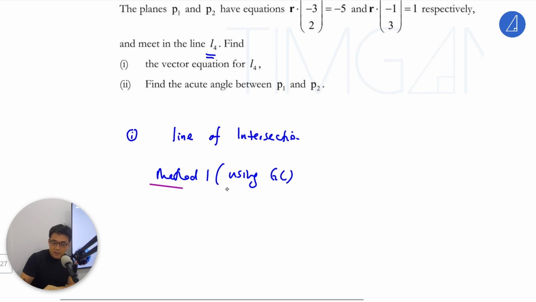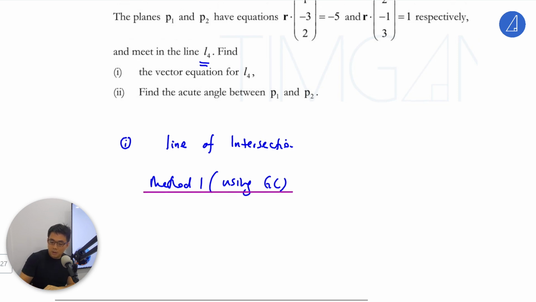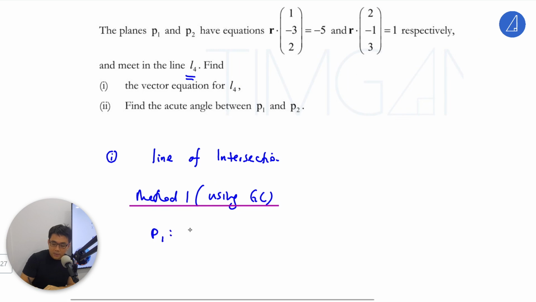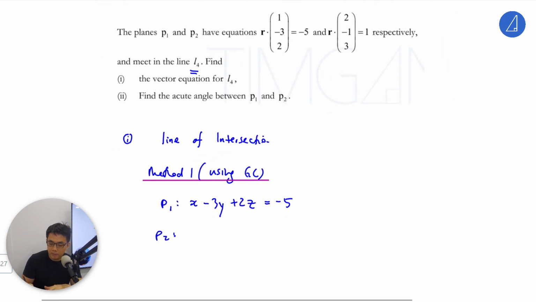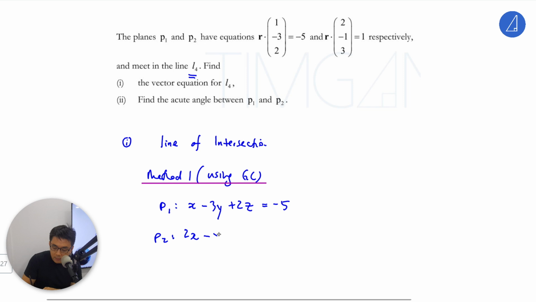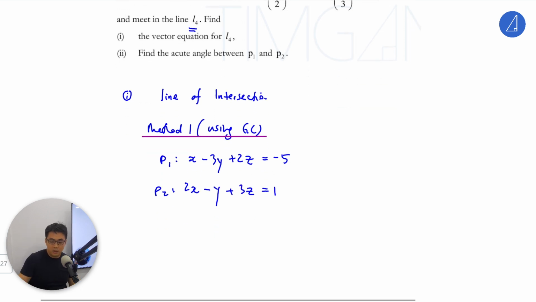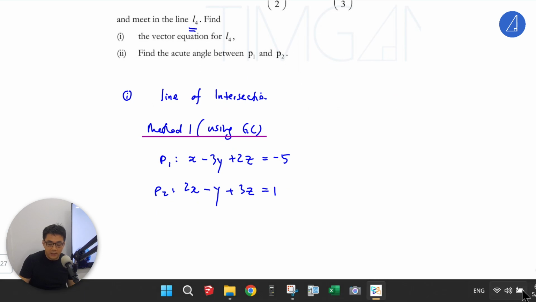P1 in Cartesian format: x minus 3y plus 2z equals minus 5. P2: 2x minus y plus 3z equals 1. Using GC, just key both of these in, and the GC will tell you what it is.